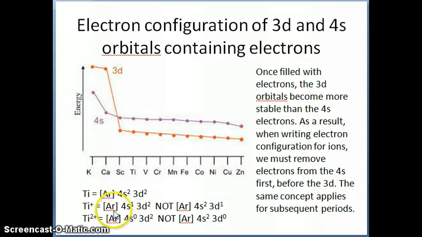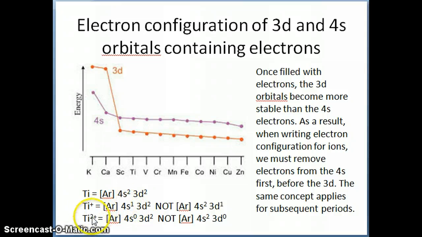So when you're writing the electron configuration for the titanium +1 ion, it would be Ar and 4s1, because you're removing one electron from the 4s orbital, the furthest orbital away, and then the 3d orbital. Okay, so you have to remove this one first.